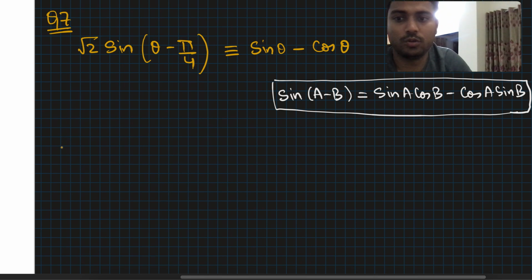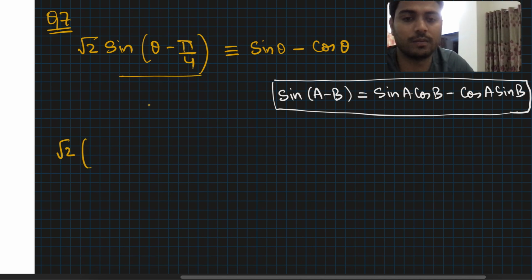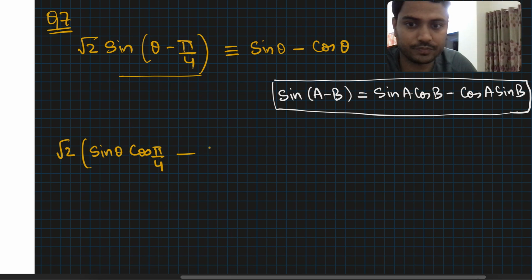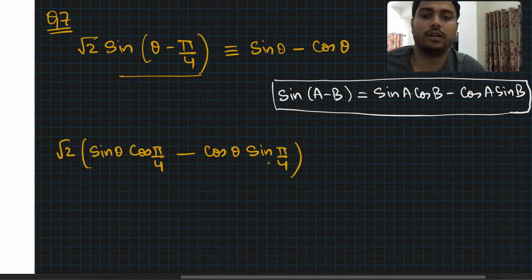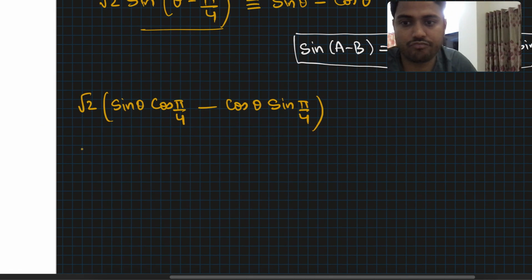So let's keep root 2 outside, and inside I can write this sin theta minus pi by 4 as sin theta cos pi by 4 minus cos theta sin pi by 4. So write it like this and then expand this.